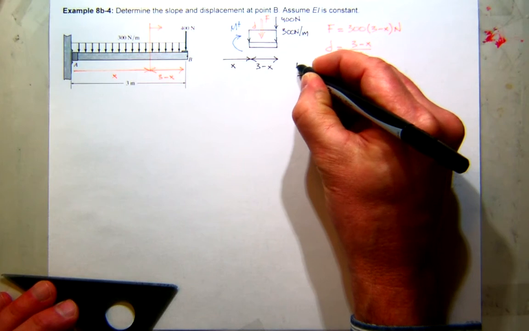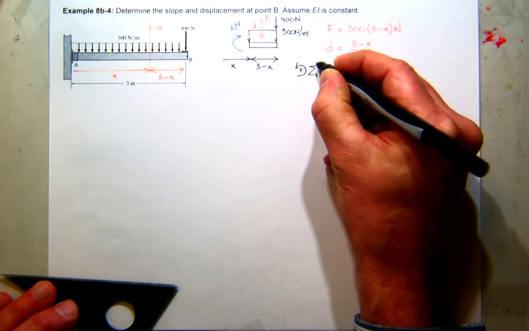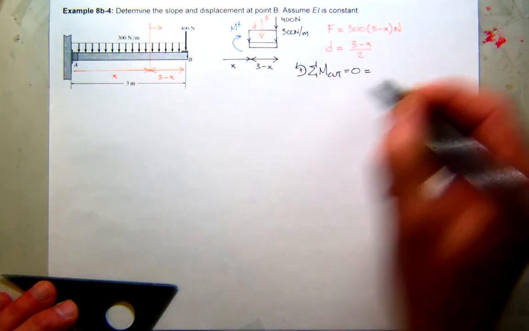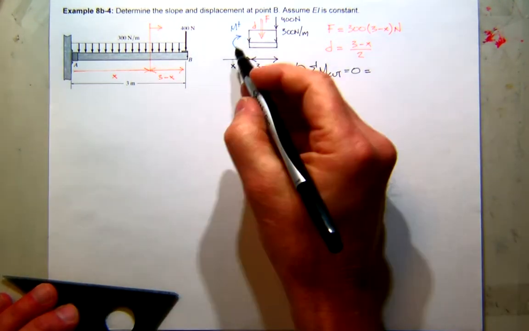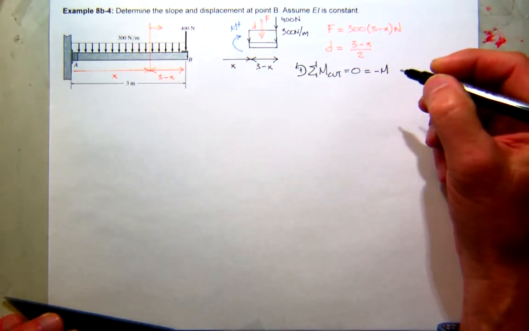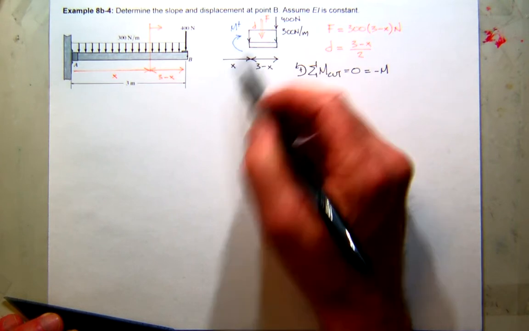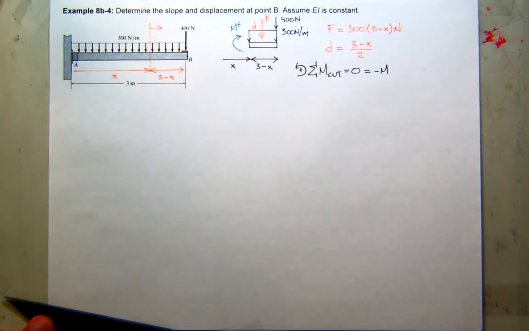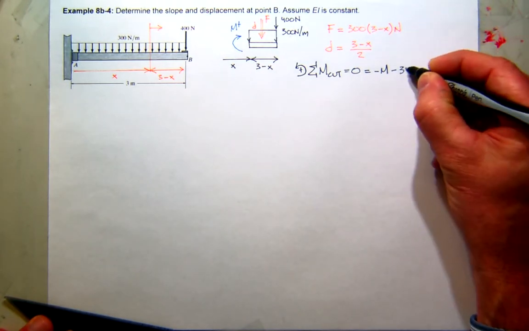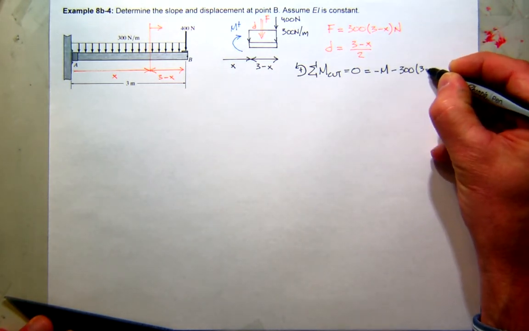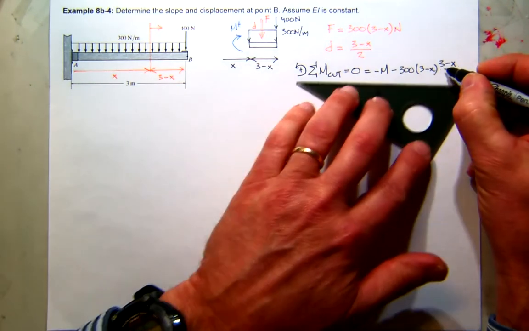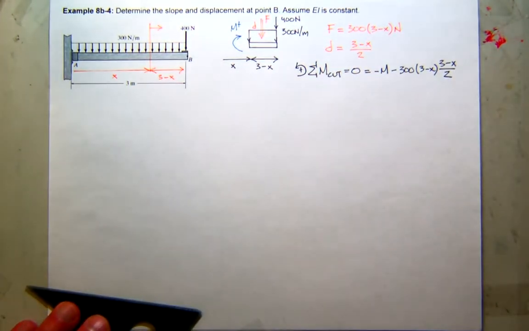So now, if I sum moments at the cut and put it in equilibrium, what do I have? Well, my internal moment that I assumed here, my bending moment, with this sign convention comes out to be negative. The equivalent force F, what kind of moment does it create about the cut? Positive or negative? Negative. So that'll be negative. We know the force, it's 300 times 3 minus x, times the distance, which we know is 3 minus x divided by 2.